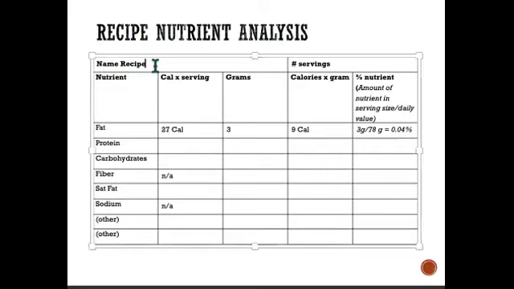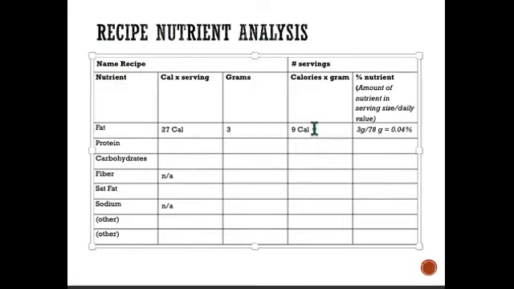You will write down the name of the recipe, the amount of servings, and then you will do your nutrient analysis. So if you see that in your recipe you have 27 calories per serving, that's equal to 3 grams.